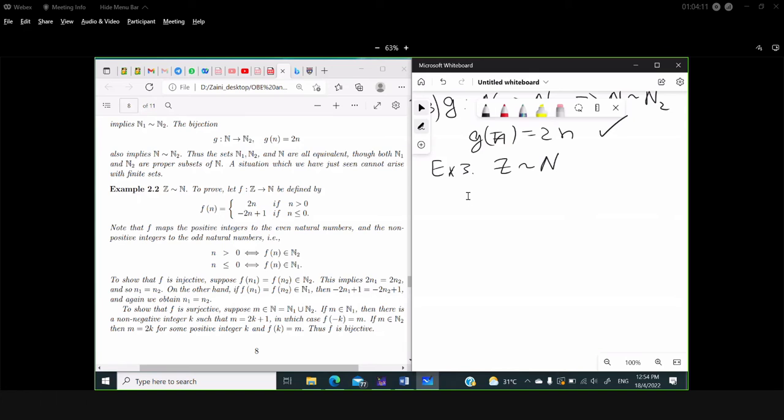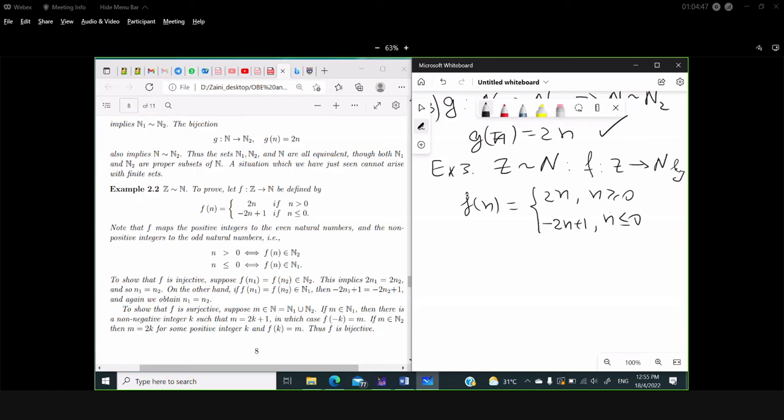So for this case, let f map Z into N by f of n equal to 2n if n is greater than 0, and if n is less than or equal to 0, it is equal to minus 2n plus 1.